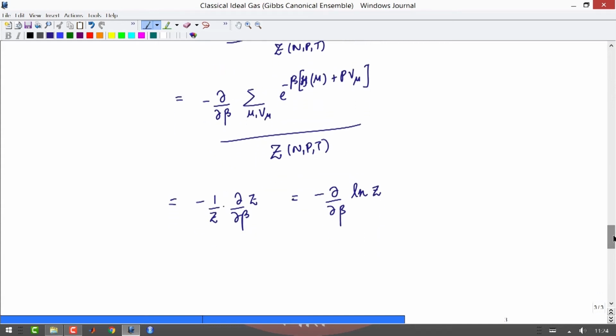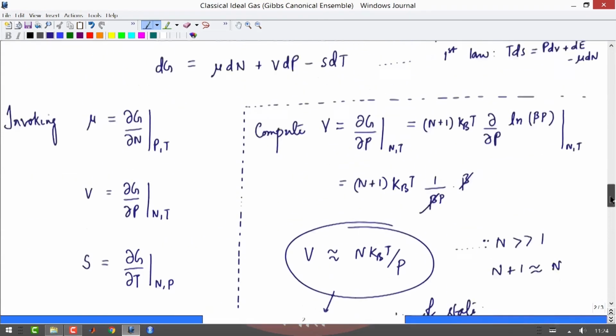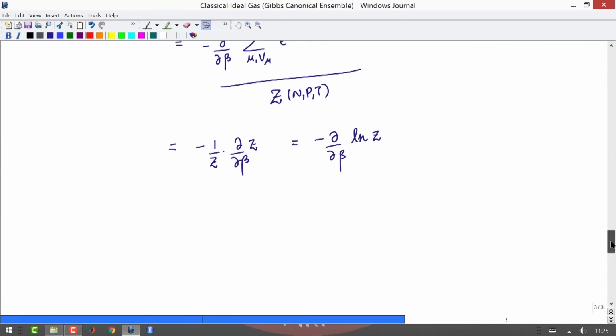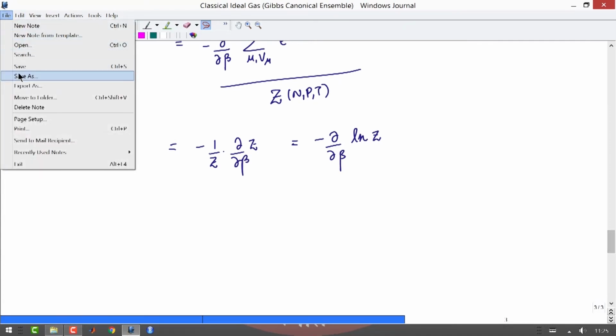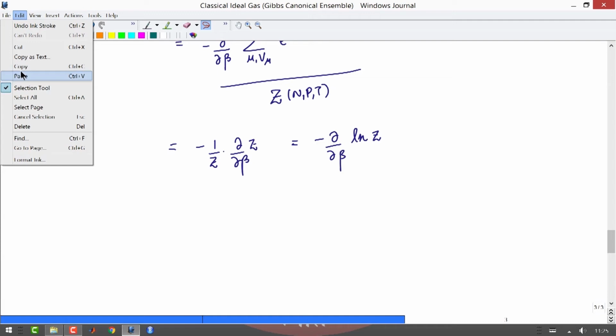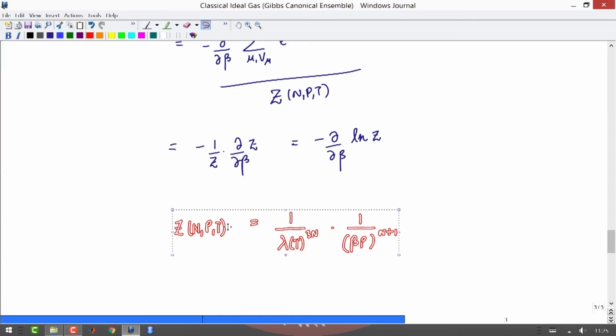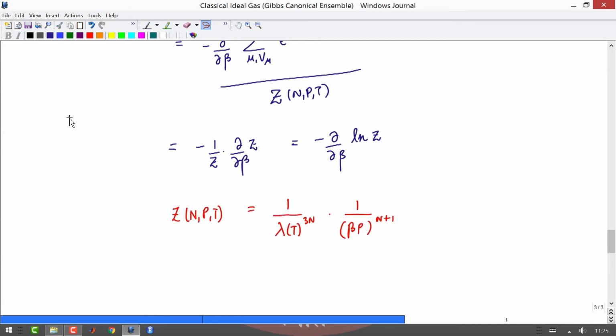Now, we know that the partition function is given here. So, I am just going to copy the expression for the partition function for convenience. What I have just obtained is basically the equation for my enthalpy.